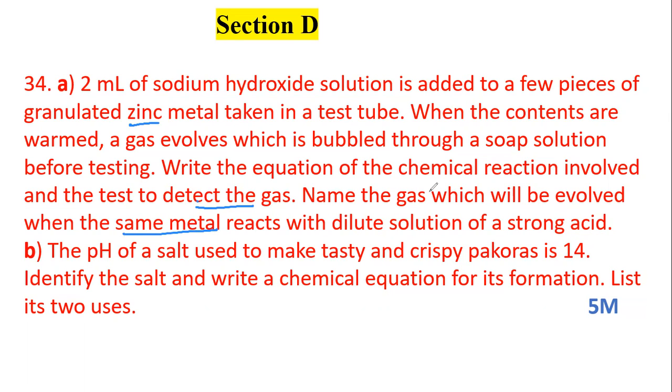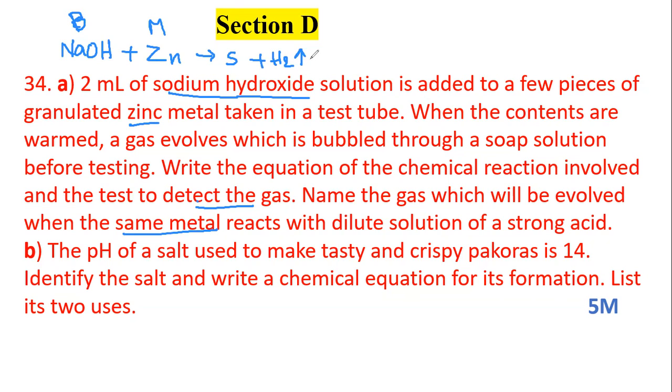First you try to understand the question. Here, sodium hydroxide solution is added to a few pieces of zinc granules. So zinc is going to react. You know that sodium hydroxide is a base. A base reacts with a metal to form a salt with evolution of hydrogen gas.